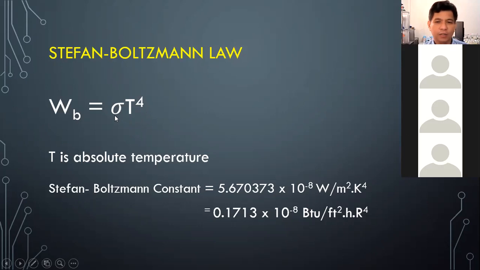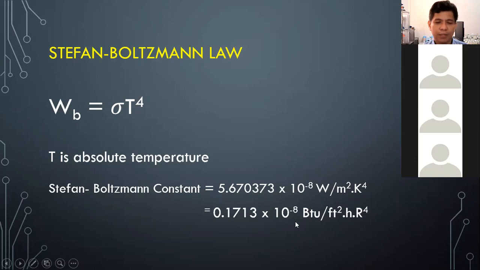Yung sigma, ito yung constant sa calculator natin, ano? So this is known as the Stefan-Boltzmann constant, yung sigma na yun. T is in absolute temperature. So ito yung na-retrieve natin sa calculator kanina, yung 5.670373 times 10 to the minus 8. So ang unit nun ay watts per meter squared per K to the fourth. Kung gusto niyo naman ng English, wala to sa calculator, you need to memorize this.